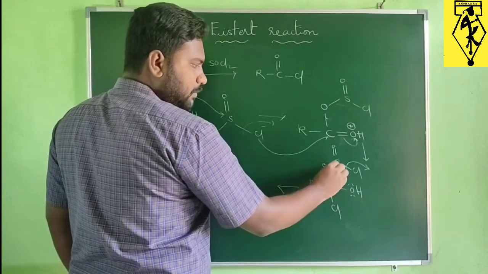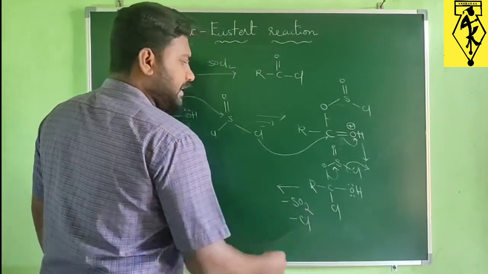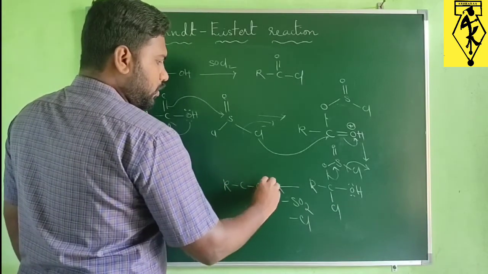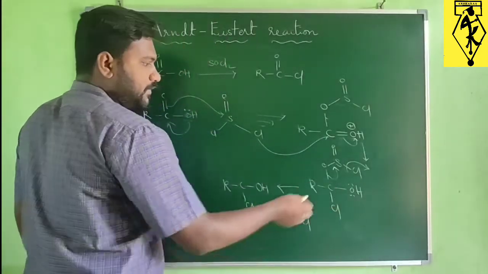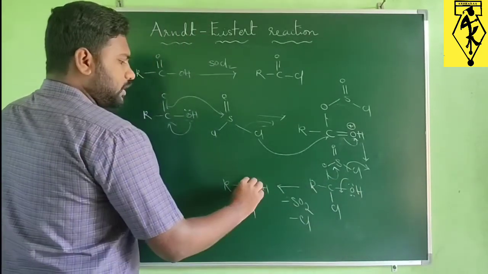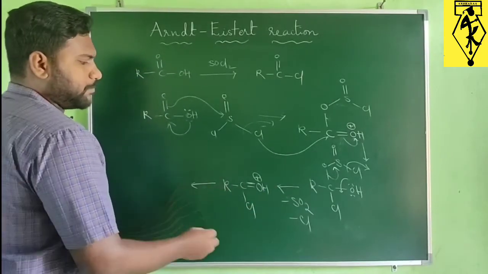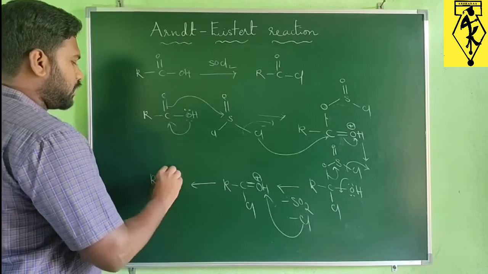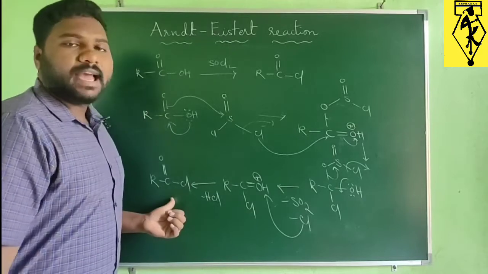Consequently this bond will break down and we are going to get SO2 and Cl minus out, and what is left is R-C-OH-Cl. Because this carbon has a plus charge, the oxygen lone pair will be delocalized to the carbon, so we get a double bond here and a plus charge on oxygen. In the next step this Cl minus will abstract this proton to give R-COCl. So by elimination of HCl we are getting acid chloride.